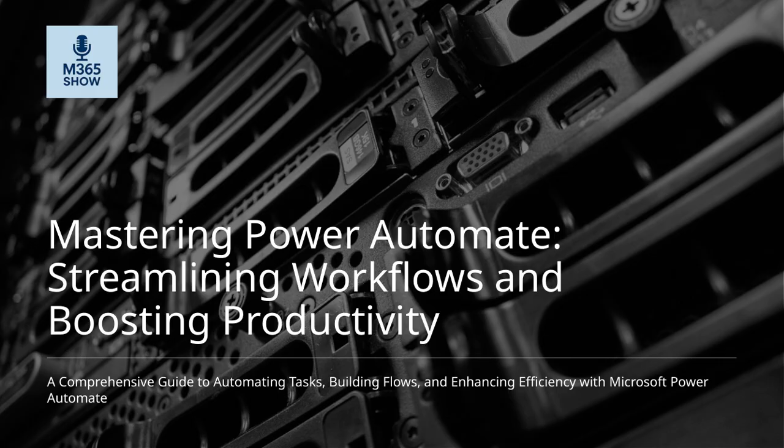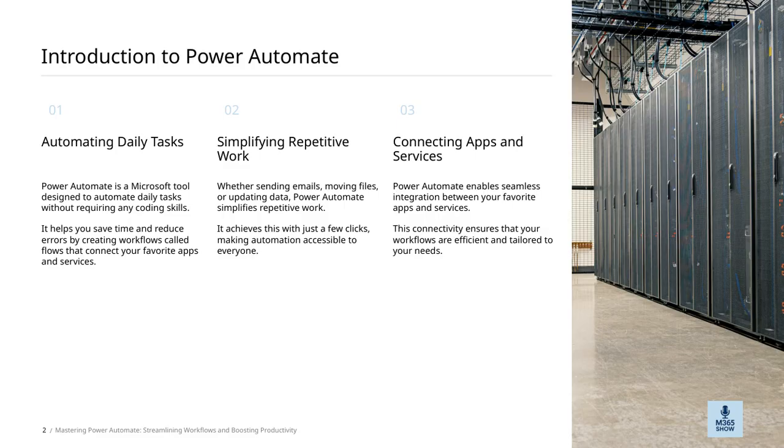Let's get started. Power Automate enables seamless integration between your favorite apps and services. This connectivity ensures that your workflows are not only efficient, but also tailored to fit your specific needs. When you connect different apps, you can automate tasks like sending emails, moving files, or updating data, making your daily work much smoother.